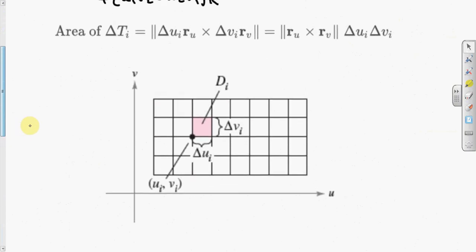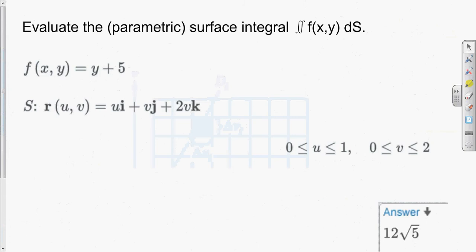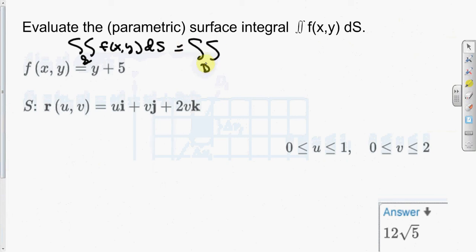And again, I was showing you earlier where u and v are adjacent vectors. So we're computing the parallelogram. So now let's look at a problem. Evaluate the parametric surface integral here, the double integral of f of x, y, z dS. This is equal to now this double integral with respect to the newly defined region D. What is it? D is this guy right here.